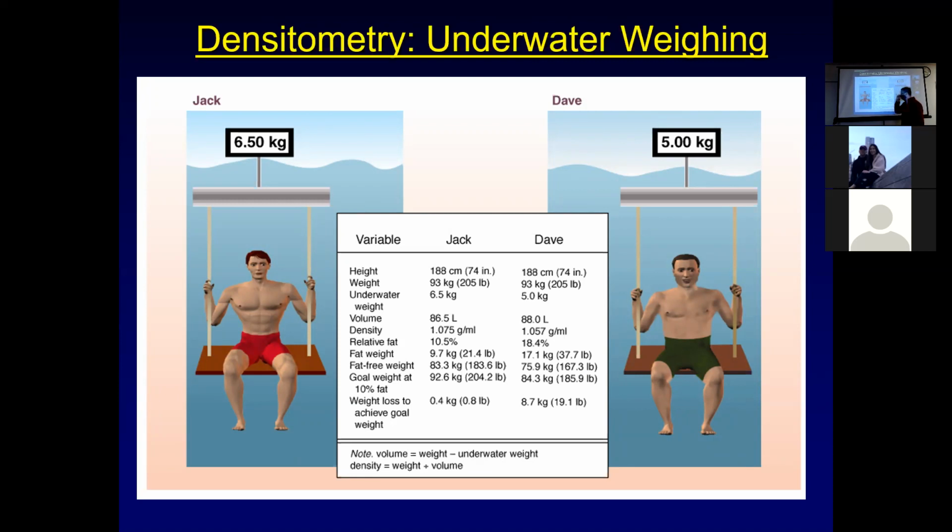And if we know how much you weigh, we can then do some calculations. People that have higher amounts of muscle, higher bone mineral density, less adipose tissue, sink to a greater extent, and therefore weigh more underwater relative to their dry land weight than people that have more adipose tissue.